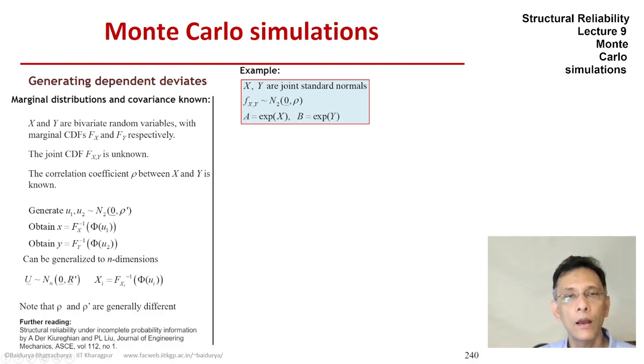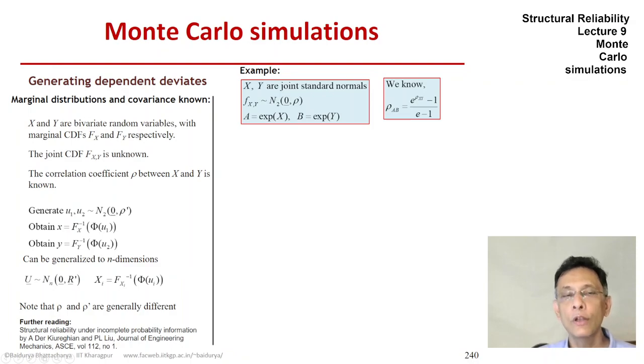X and Y are joint standard normals, and we exponentiate them to get two dependent lognormals, A and B. We do not have the entire joint distribution of A and B, but we know the correlation between X and Y. So what do we have in terms of the correlation between A and B? In fact, if we wanted a certain correlation between A and B, what is the correlation rho between X and Y that we would start with?